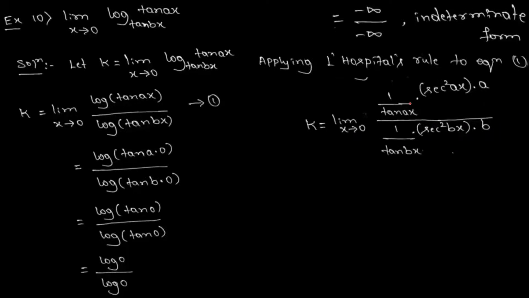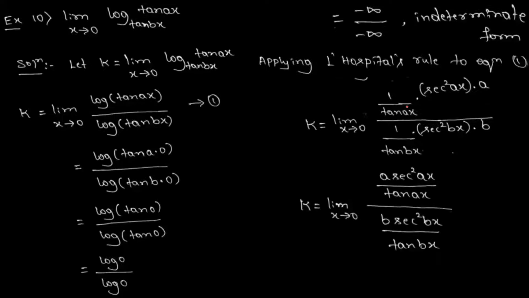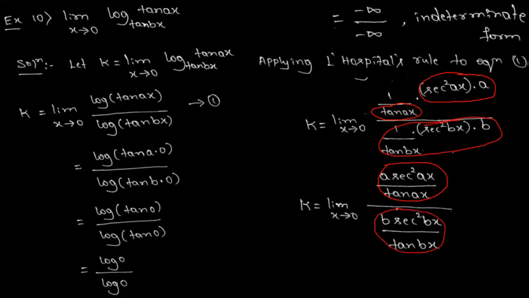Now let us further simplify these things. We can write these in the arranged form: a secant square ax divided by tan ax, which we have written here. And this also can be written in the simplified form by arranging the terms in this way.